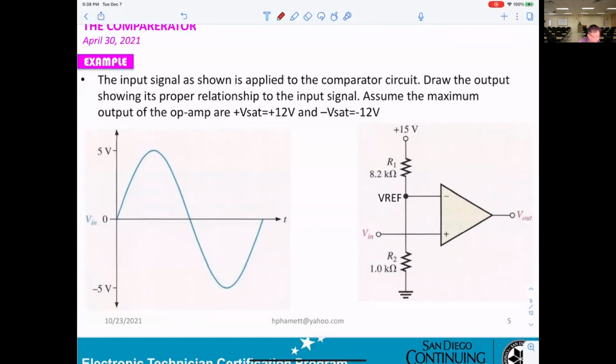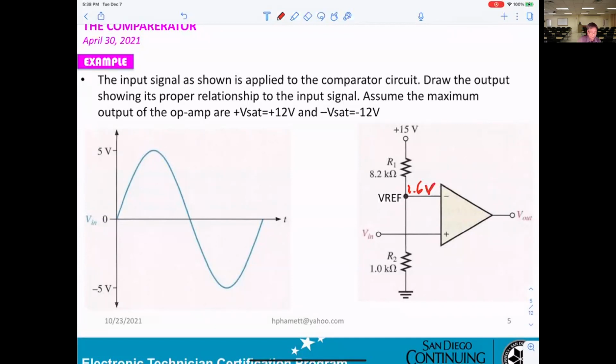What did you get? 1.64. What? 1.64. Okay, exactly. V reference, 1.63 volt. That's okay.